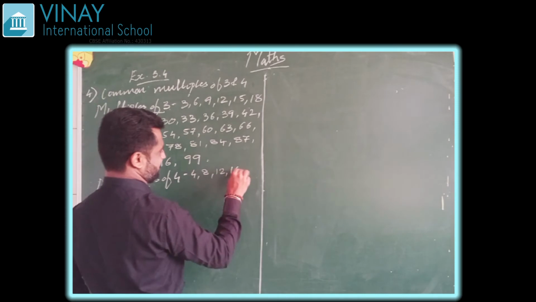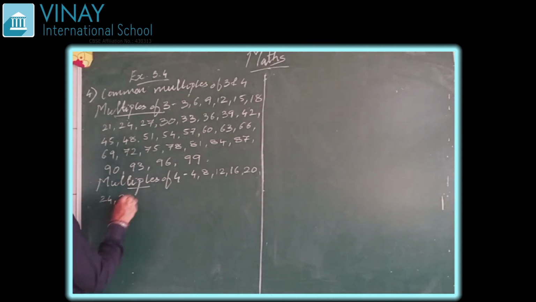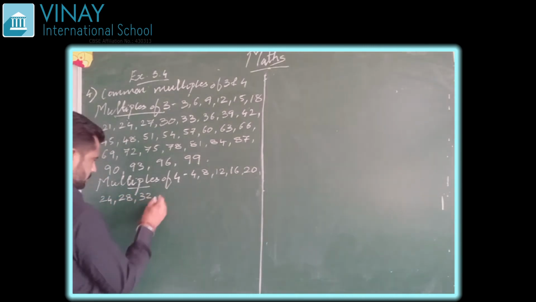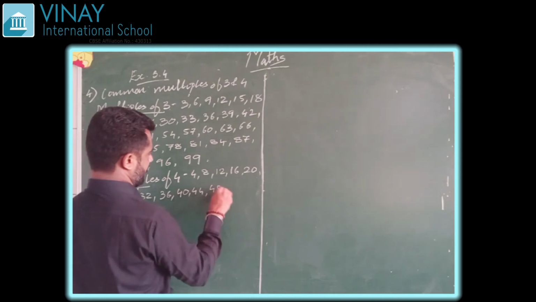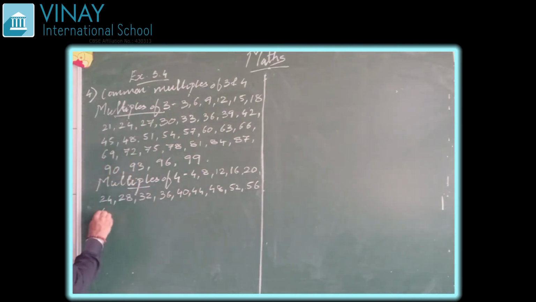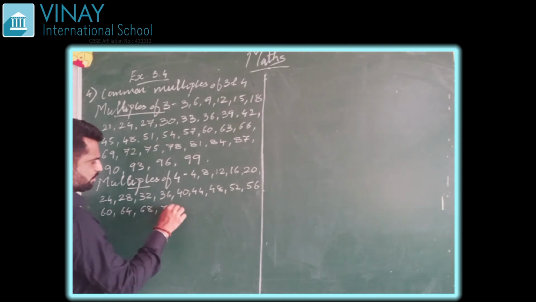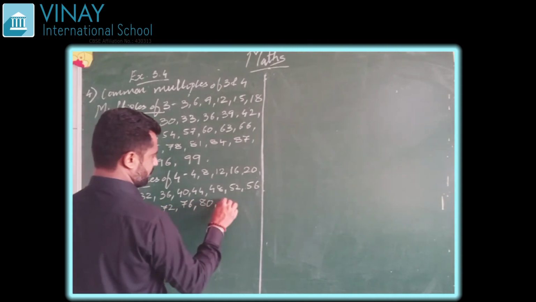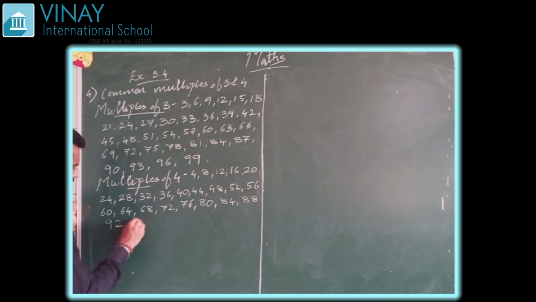So the multiples of 4 are 4, 8, 12, 16, 20, 24, 28, 32, 36, 40, 44, 48, 52, 56, 60, 64, 68, 72, 76, 80, 84, 88, 92, 96 and 100.